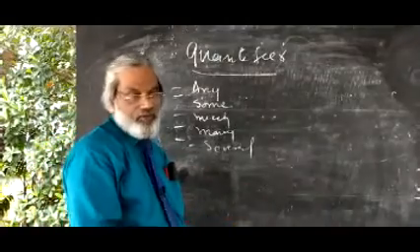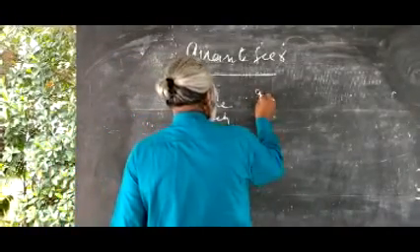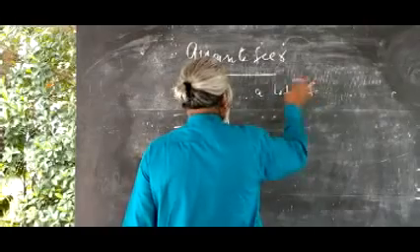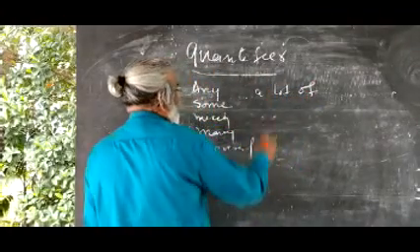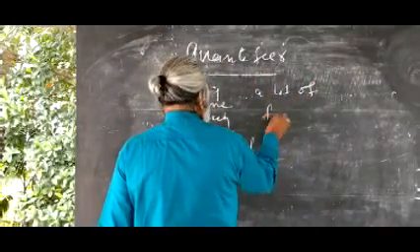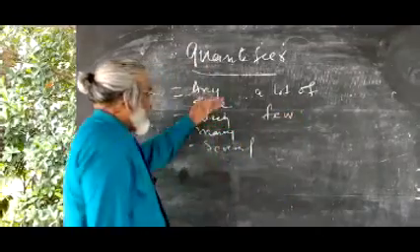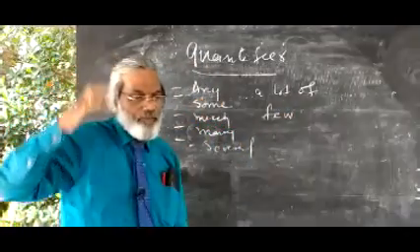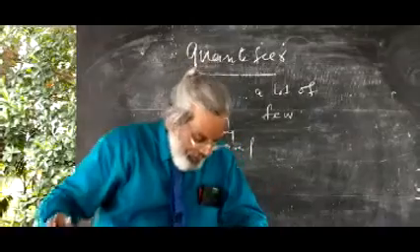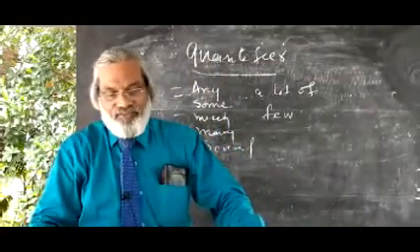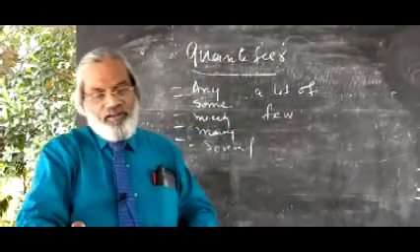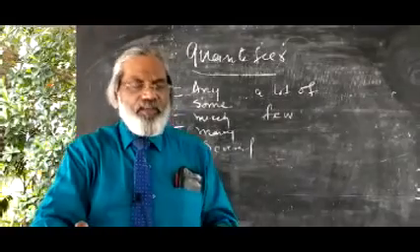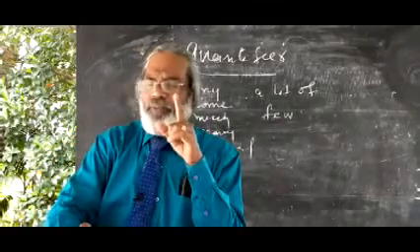A lot of is called a complex quantifier. Then we write few. All these words you have to keep in mind and study their structure. These are called quantifiers.